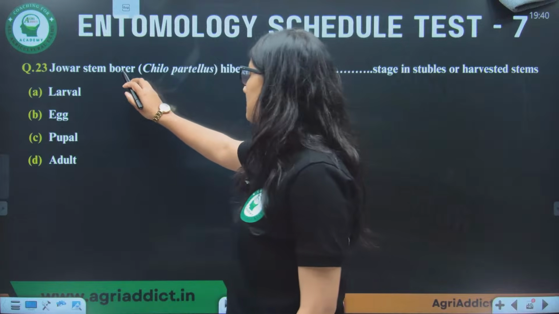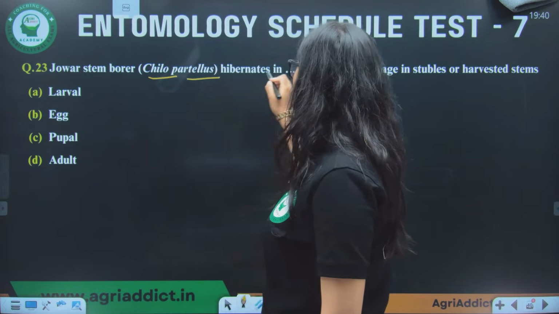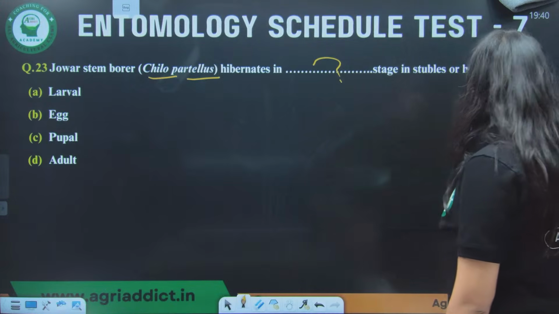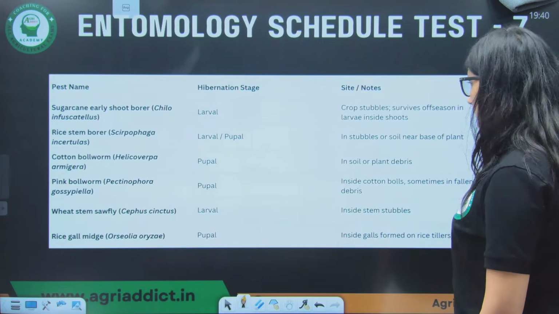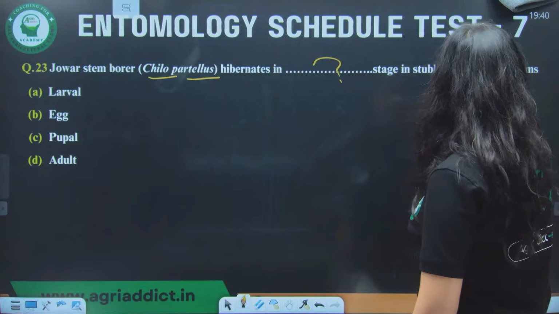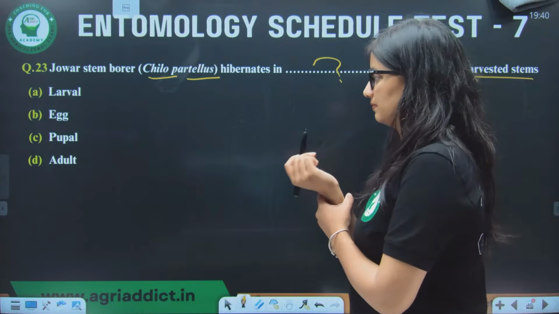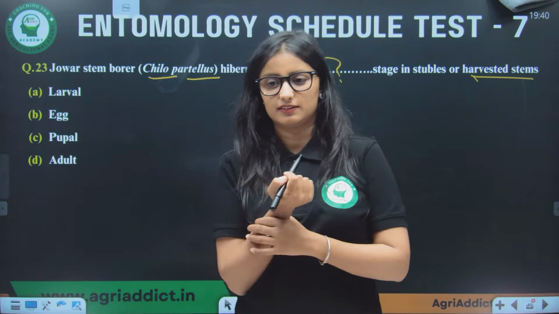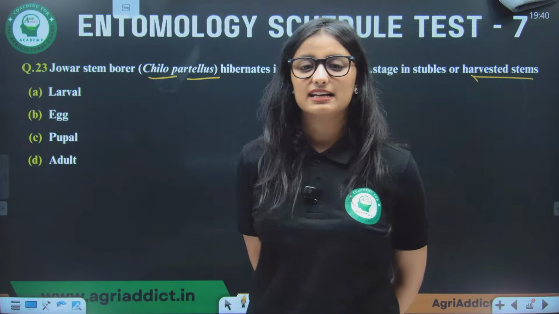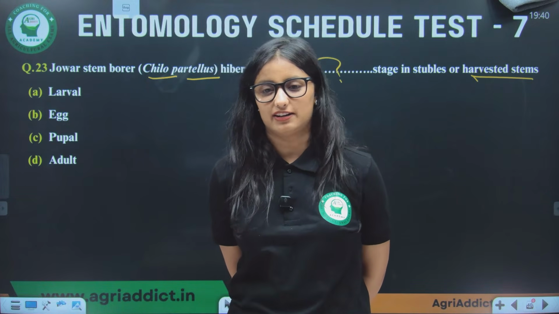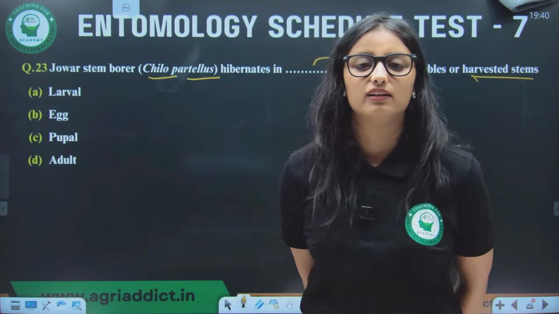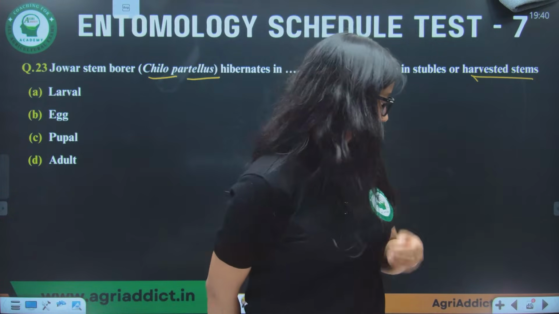Jowar stem borer, Chilo partellus, hibernates in which stage in stubbles or harvested stems? In which stage? Egg, larva, pupa, adult. In which stage are they hibernating? Chilo partellus.